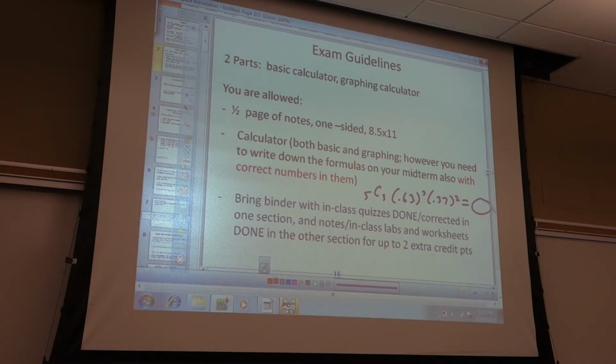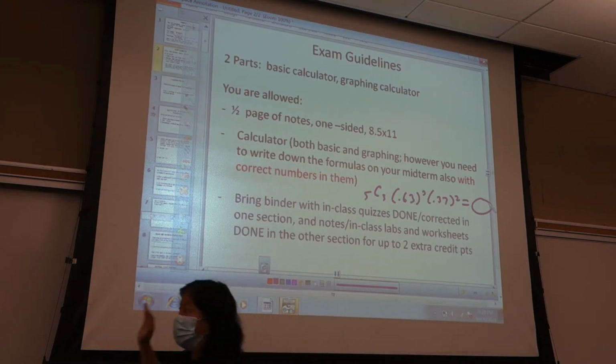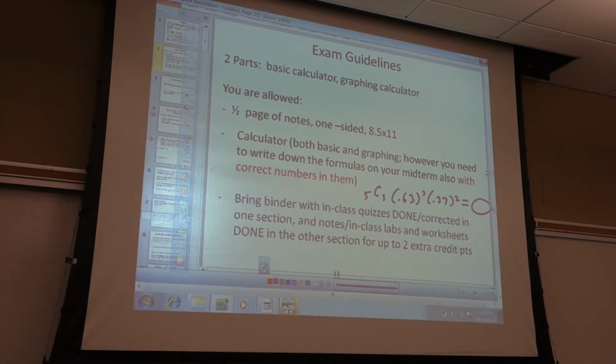This is just showing your work. You don't need to say 5 factorial divided by what. I don't care about that. But give me this, and the answer, and I'm happy. Show me the rest of the steps if you want, but you need at least this.